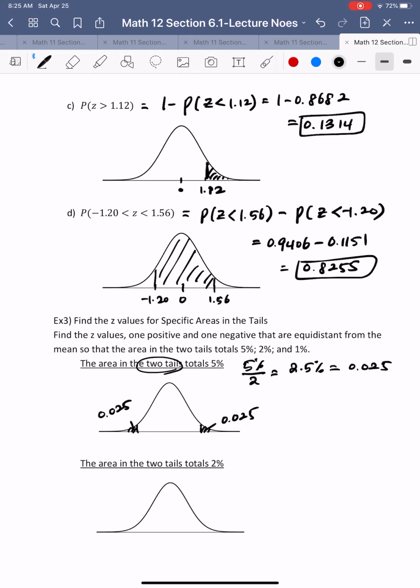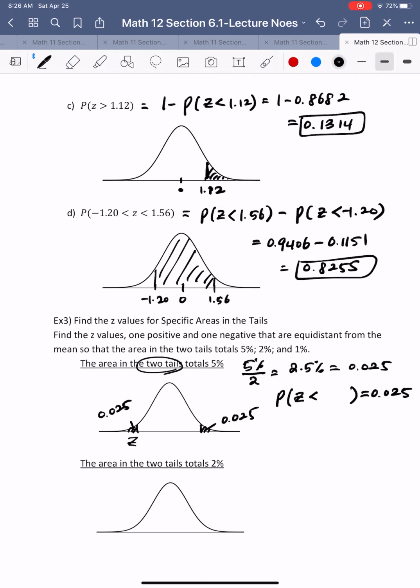So what we do is we are looking for the z where the area comes out as 0.025. And the number that you'll get as a z here is going to be the same number except the sign. So we are looking for that z-score here.